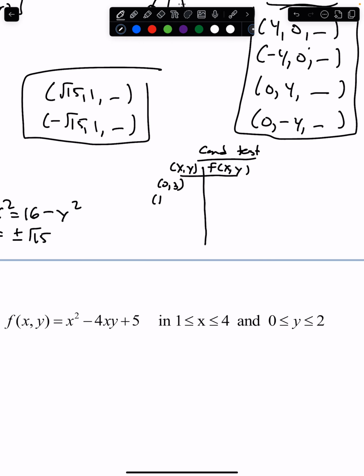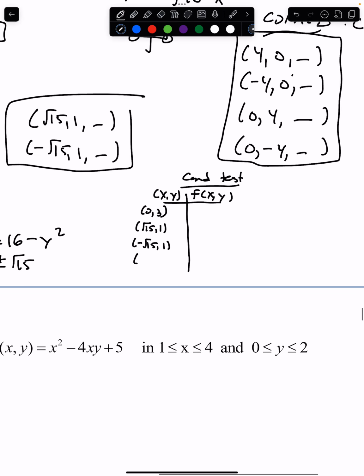Then we had square root of 15, 1. Negative square root of 15, 1. Then we have our new points, 4, 0. Negative 4, 0. Keep going. X, Y, F of x, y. We have 0, 4, and we have 0, negative 4.